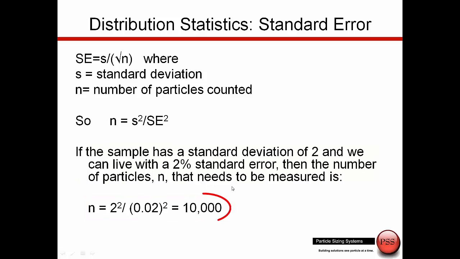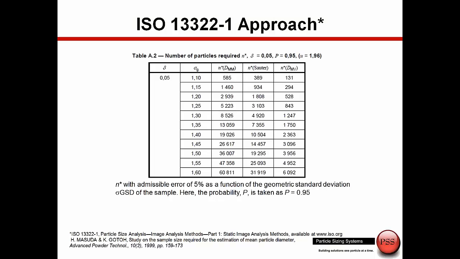So think of this number, 10,000, as a bare minimum before we could really start talking about generating good data in these situations. There was a very rigorous theoretical approach for the number of particles that need to be measured for a given sample of particles in an ISO standard published about 8 years ago. This is the ISO 13322 standard, which is for image analysis. And the way to read this is the standard deviation of the distribution. You know, if all the particles are one size, you can measure one particle and you'd be done with the measurement.